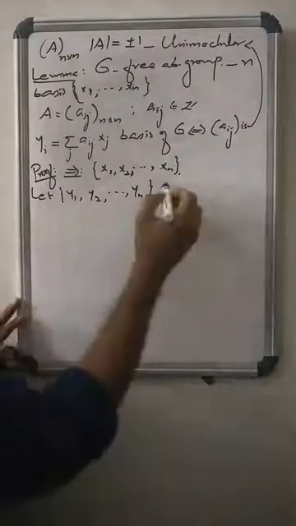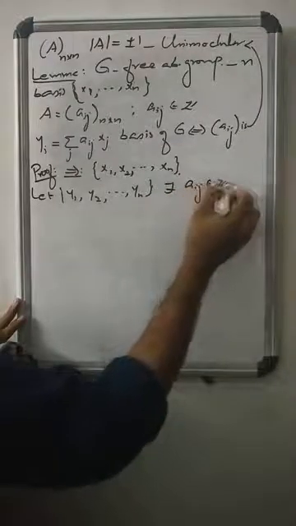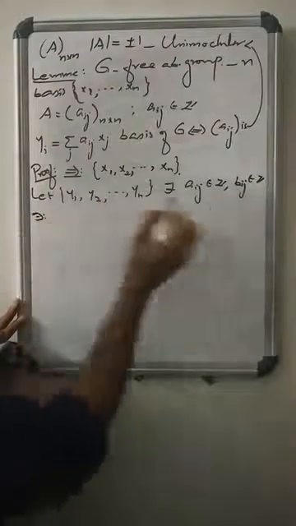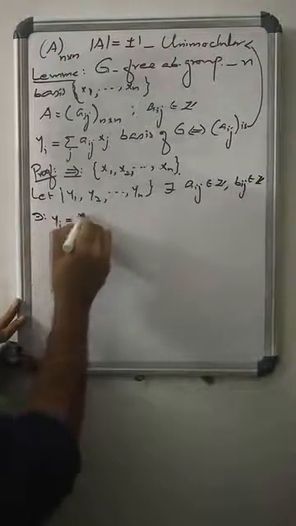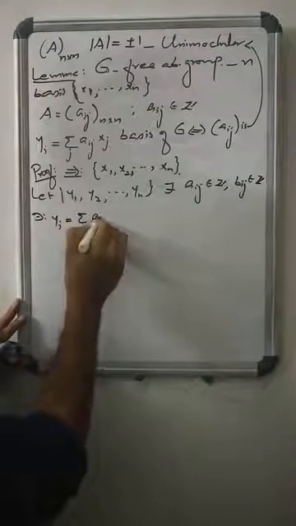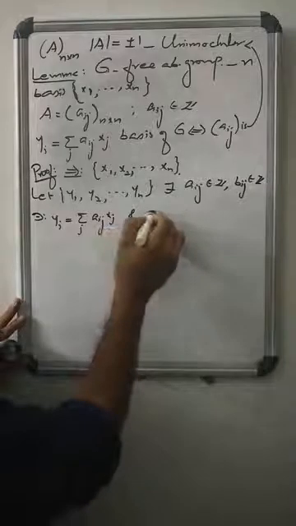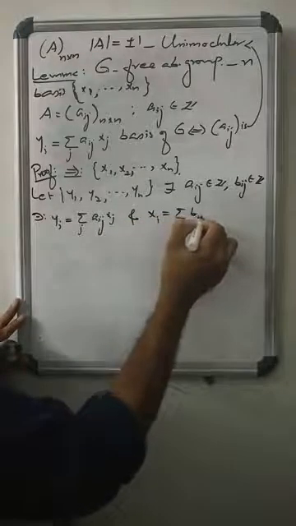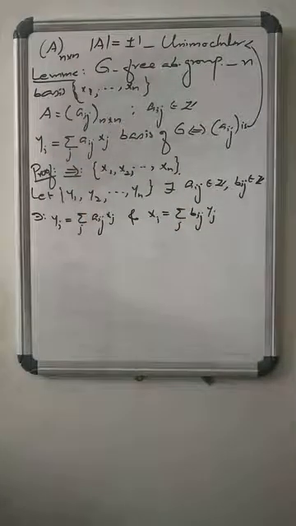Then there exist integers aij and bij such that yi equals the sum over j of aij xj, and xi equals the sum over j of bij yj. Right.